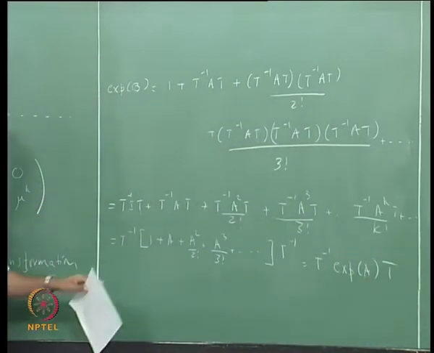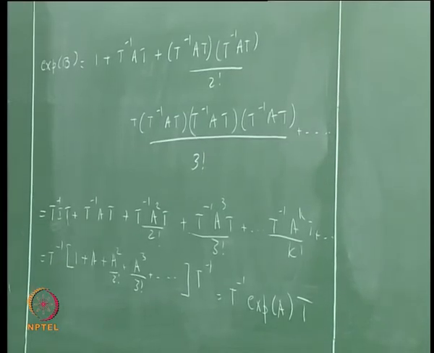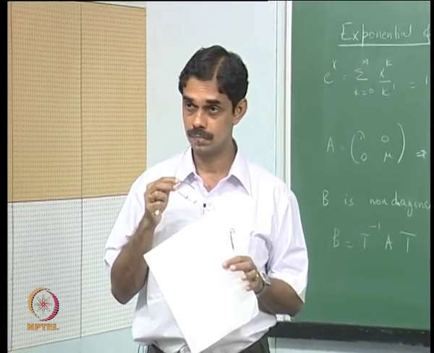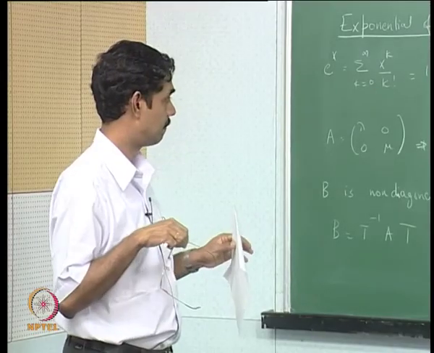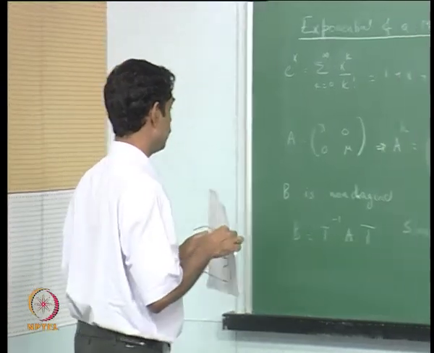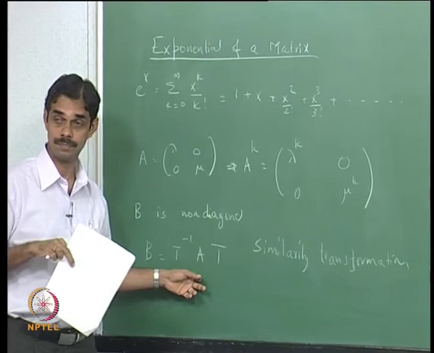To make things formal, you can only write this when the eigenvectors are linearly independent, because T inverse will only exist if the eigenvectors are linearly independent. As long as you can do this decomposition, we can do this.